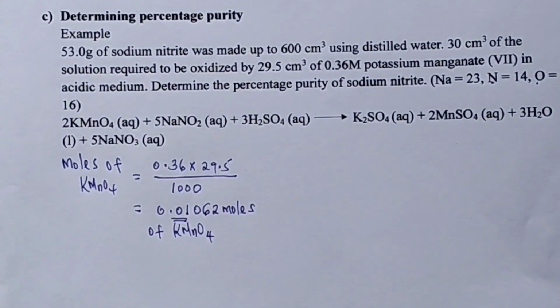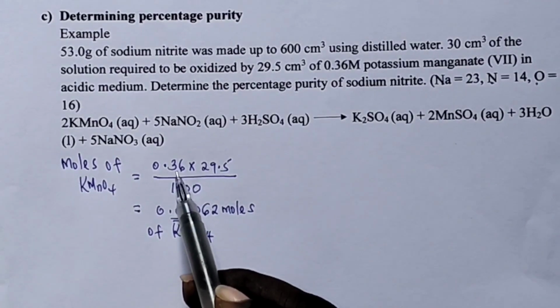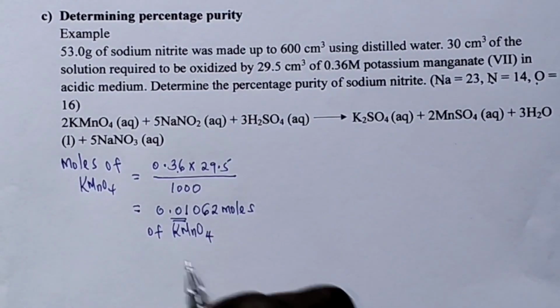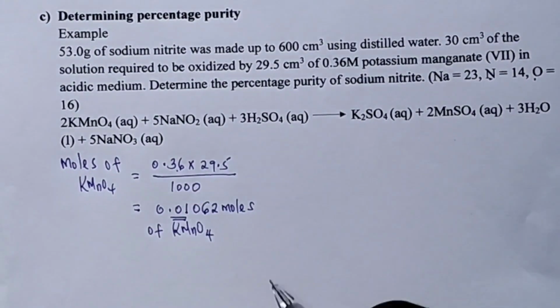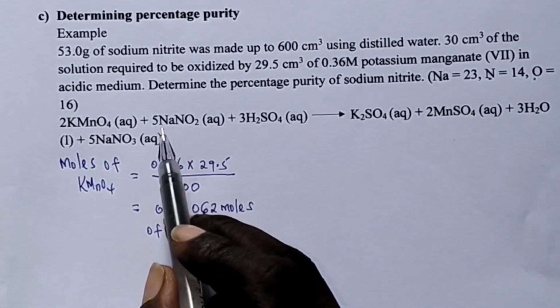We said the number of moles is calculated by taking molarity multiplied by volume, then divided by 1000. Thereafter, we have to get the number of moles of sodium nitrite using the ionic equation. We can get it by use of the mole ratio.